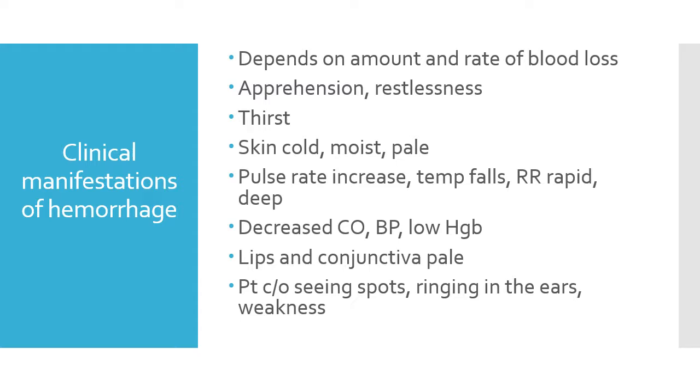Your temperature will fall. The respiratory rate will increase. You will have a decreased cardiac output, you will have a decreased blood pressure, and you will have decreased hemoglobin. Your lips and conjunctiva can be pale. Patient may complain of seeing spots or have ringing in the ears.